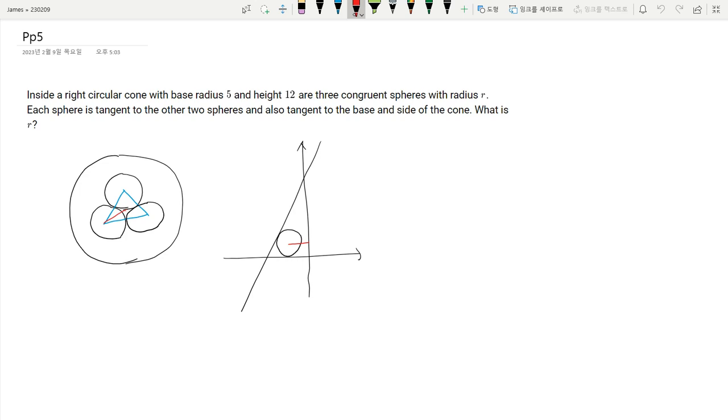So the height of this equilateral triangle is square root of 3 times r. Divided in the ratio 2 to 1, the red line's length is this length.